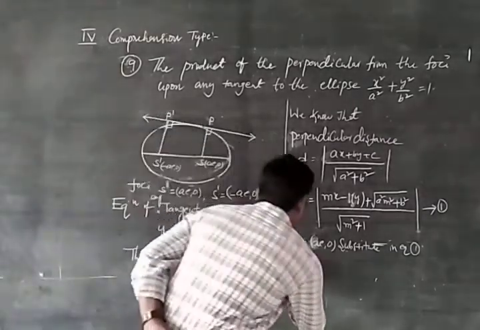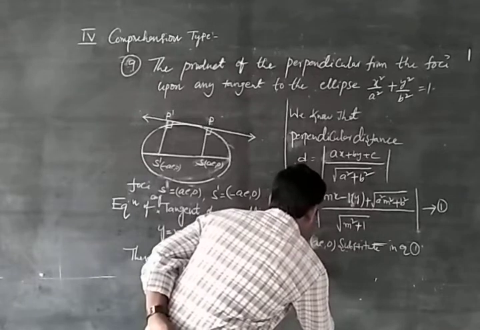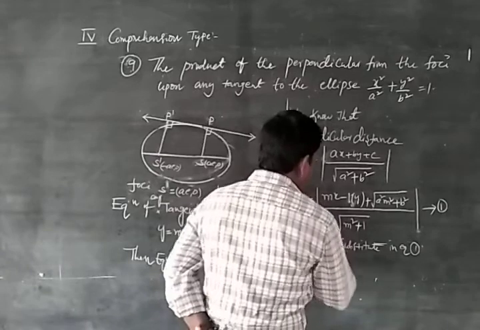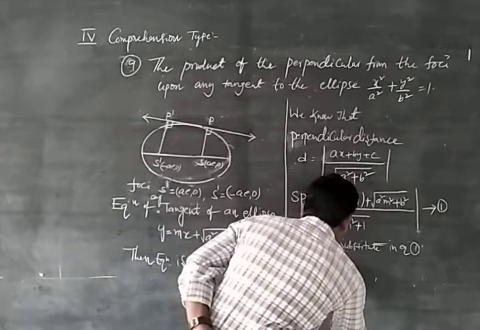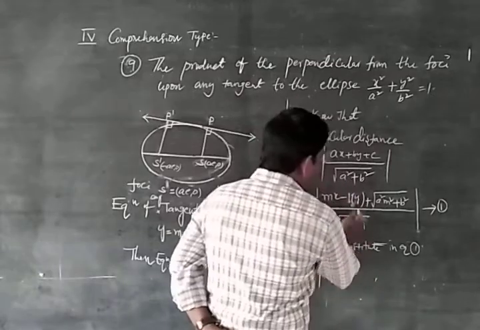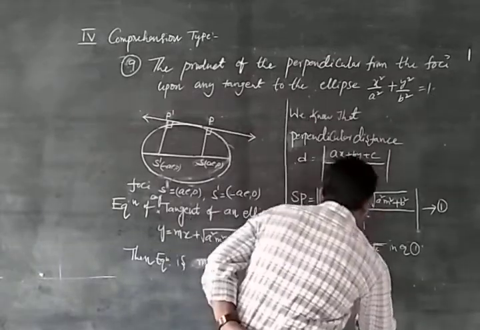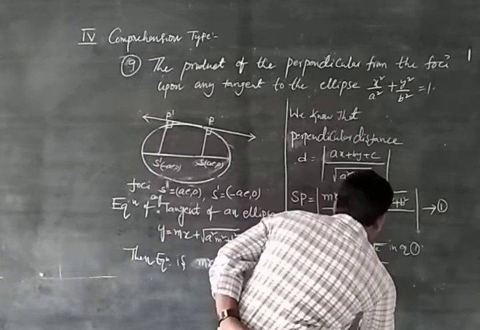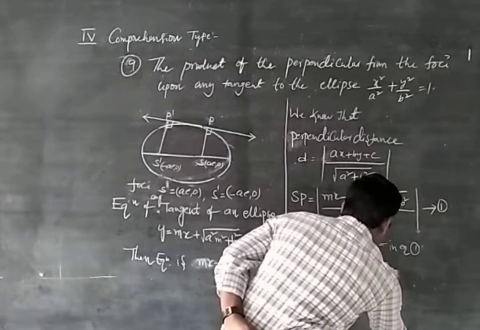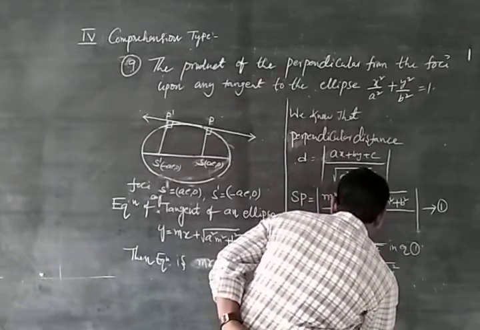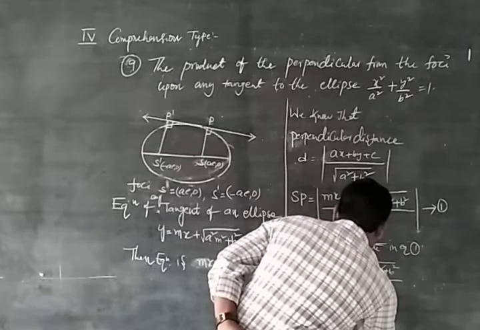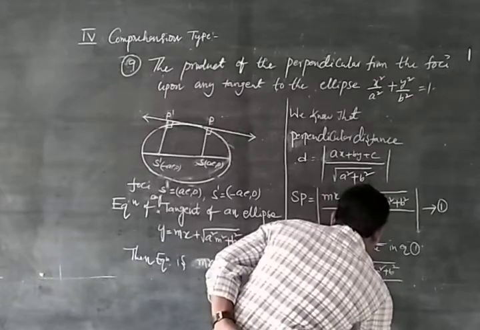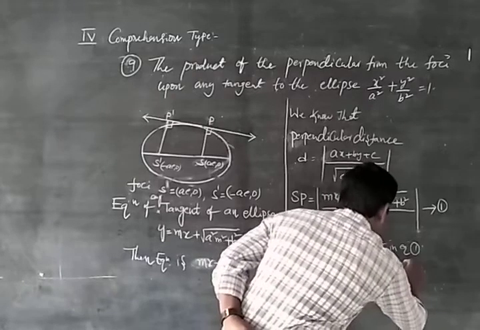Then SP equal to mod of mx means M into AE, 0 into y means 0, plus root of a square m square plus b square, by root of m square plus 1.